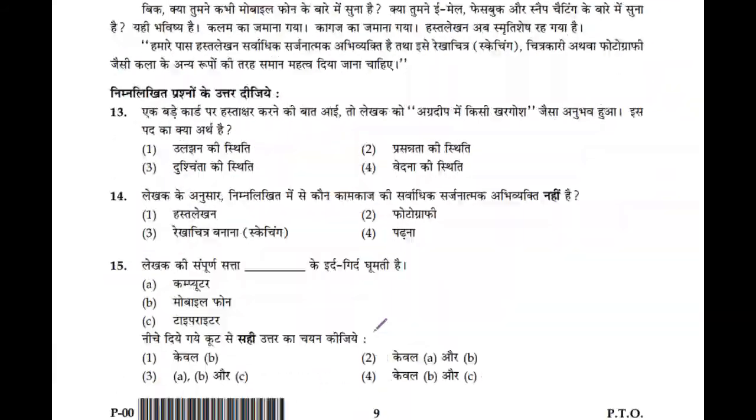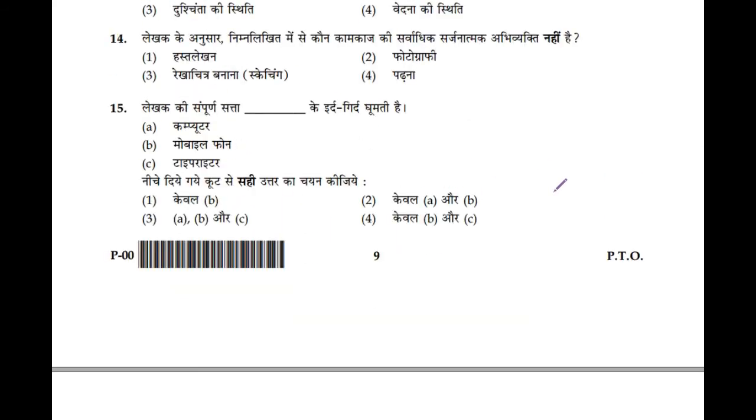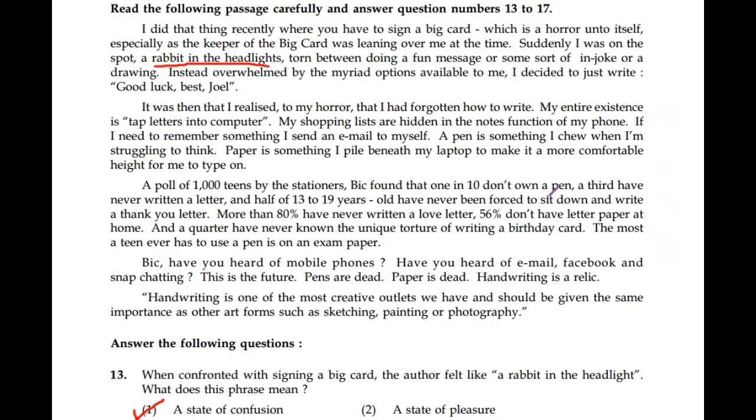Now question number 16. How many teens, as per the Bic survey, do not own a pen? So here in para 3, a poll of 1000 teens by the stationers Bic found that 1 in 10 don't own a pen.